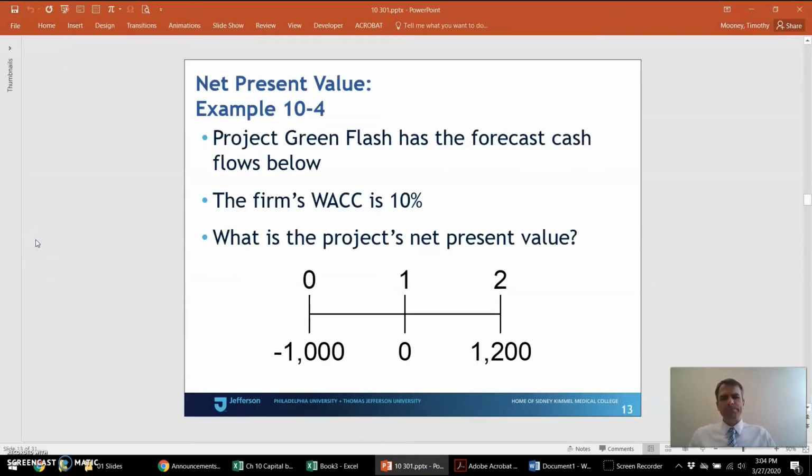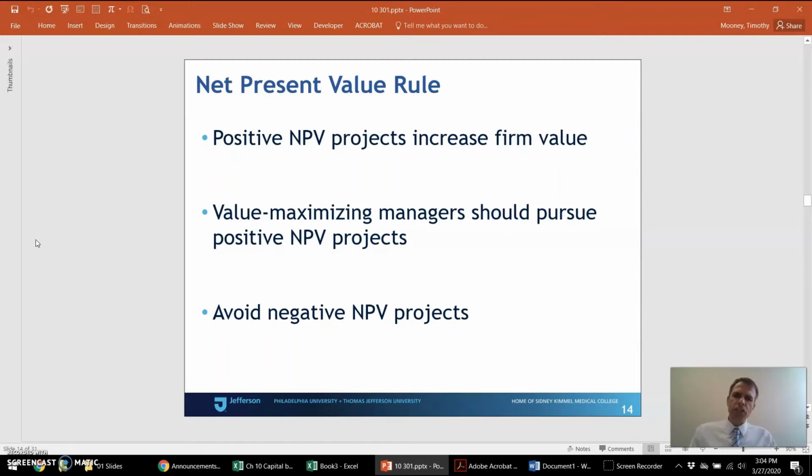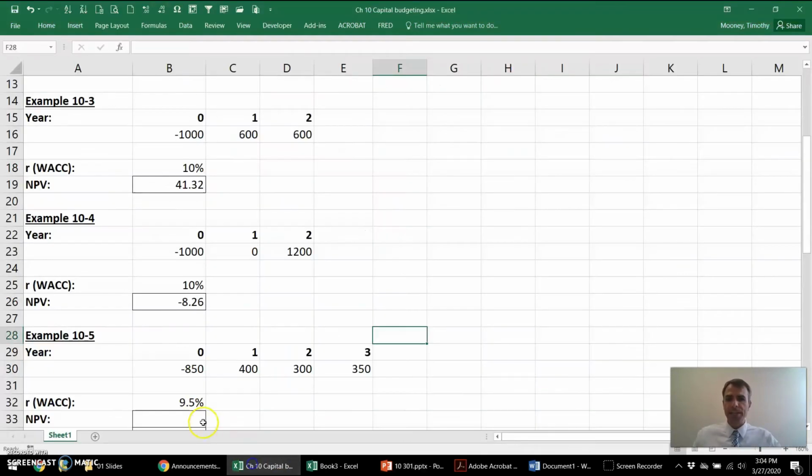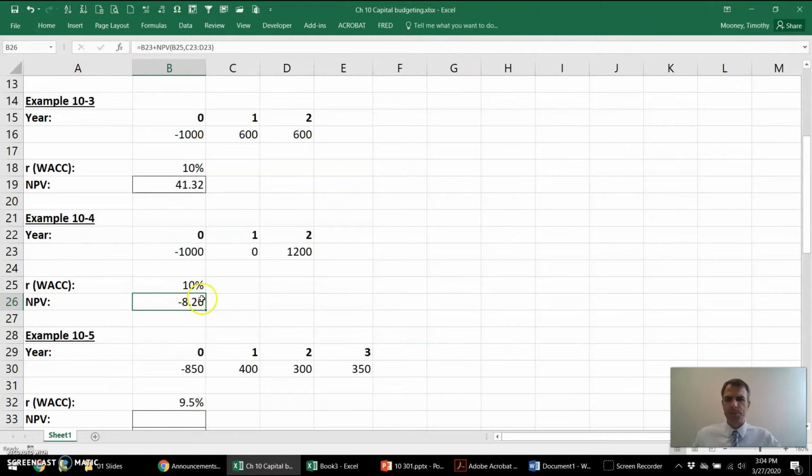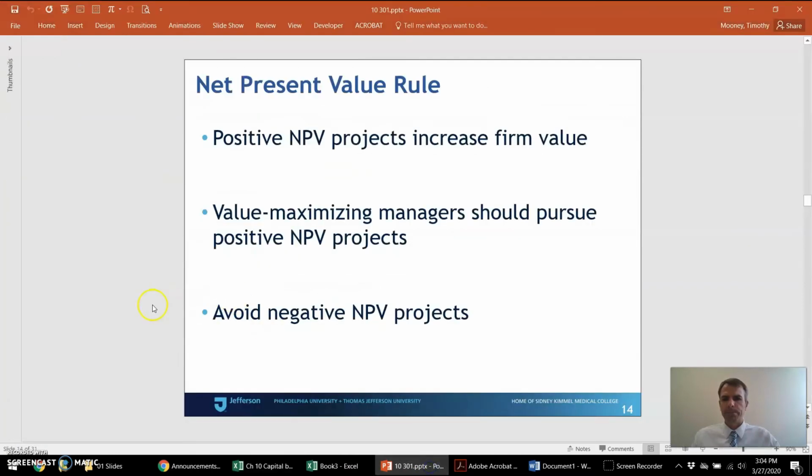And let's move on. So the key thing to understand, positive NPV projects are good for the firm, right? So let's find some positive NPV projects if we're managers, and then do not pursue negative NPV projects. This example 10-4 is not worth pursuing because it's not worth the cost. It's a negative NPV project.